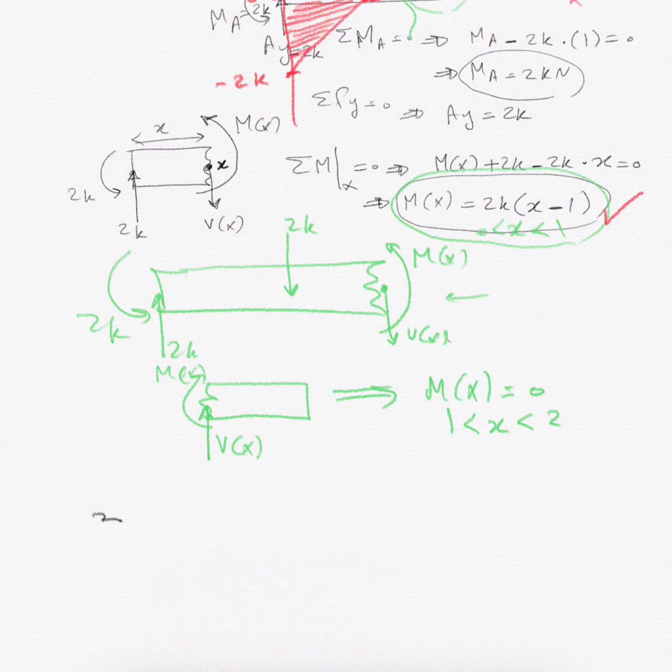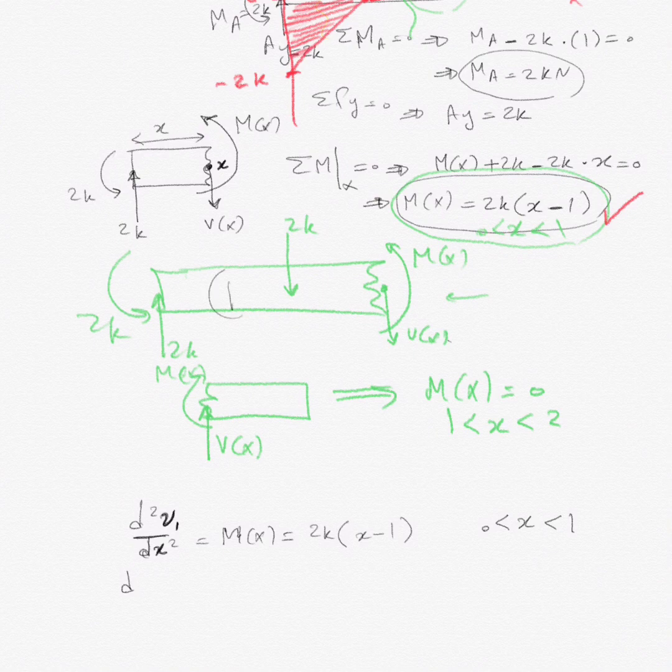So I have two problems. d squared v1 over dx squared, which is equal to Mx, which is equal to 2k times x minus 1 between x between 0 and 1, and the deflection, let's call this v1, because this v1 is going to show the deflection on our curve in interval number 1.